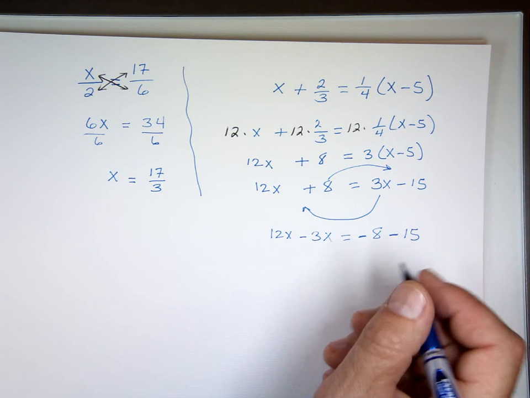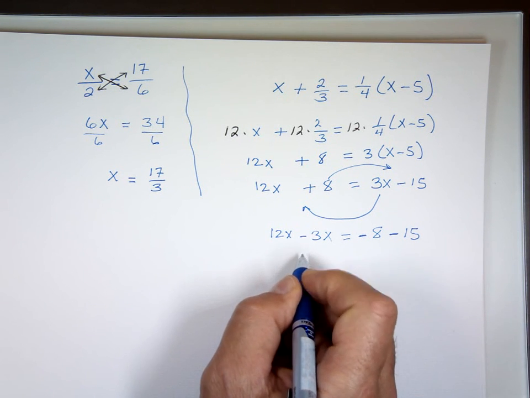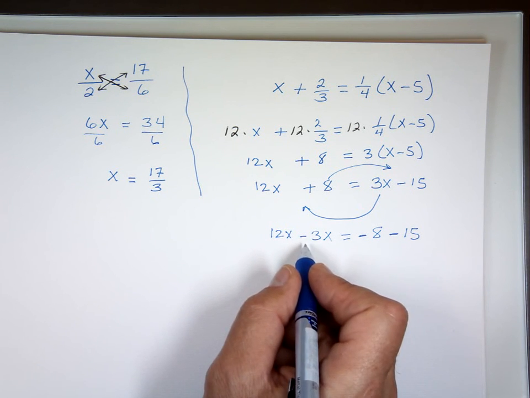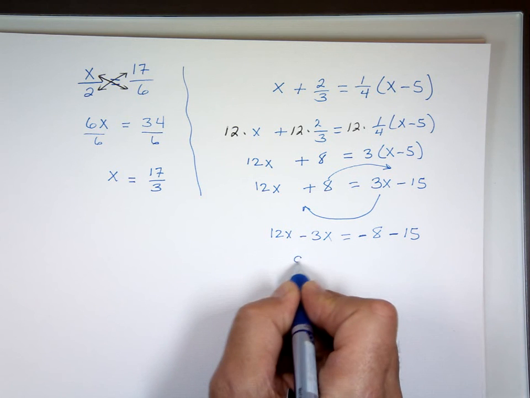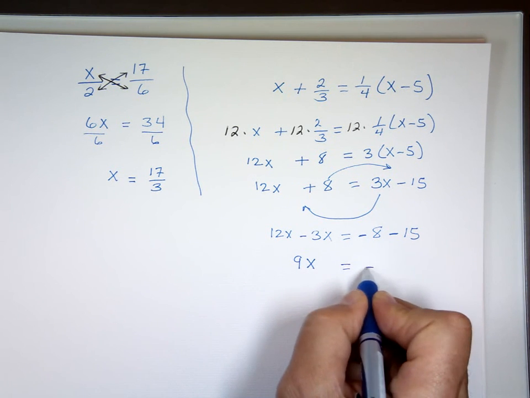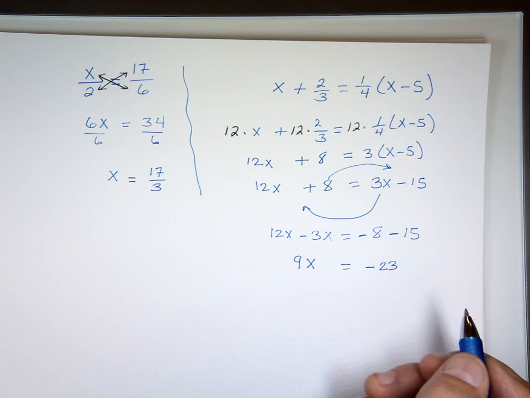What's 12x minus 3x? Is it 9x? What's negative 8 minus 15? Negative 23. And to solve for x, we're going to divide by 9.